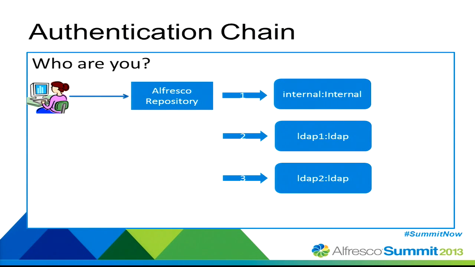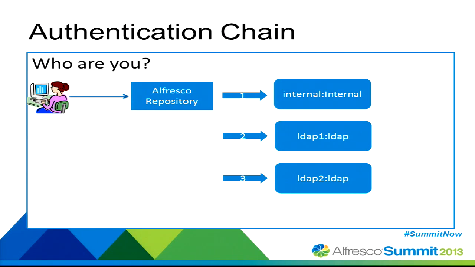And the second concept in Alfresco is something called an authentication chain. When a user wants to authenticate, it simply goes down the chain, trying the various authentication subsystems. A chain is ordered, and it contains a type and a name.